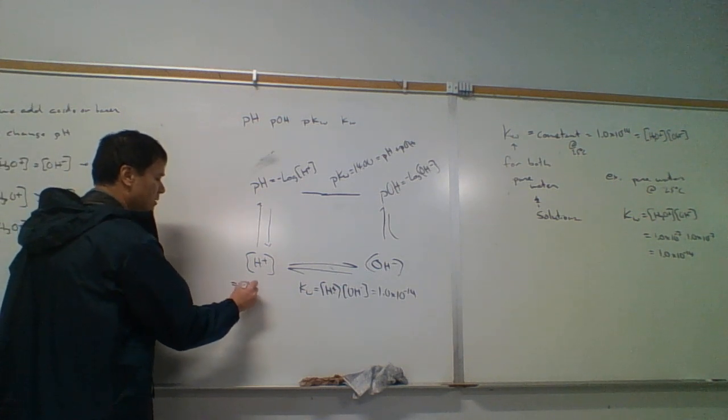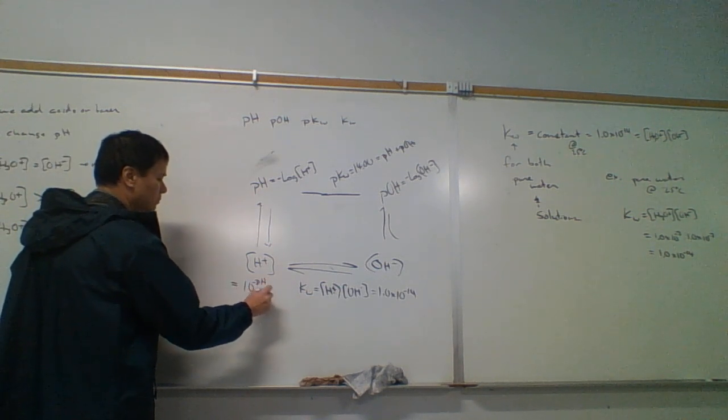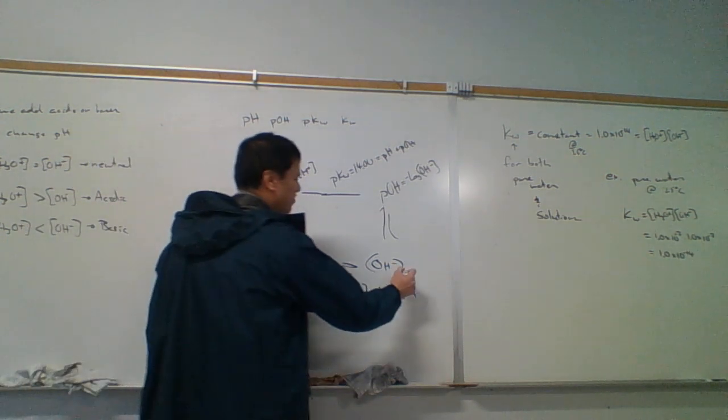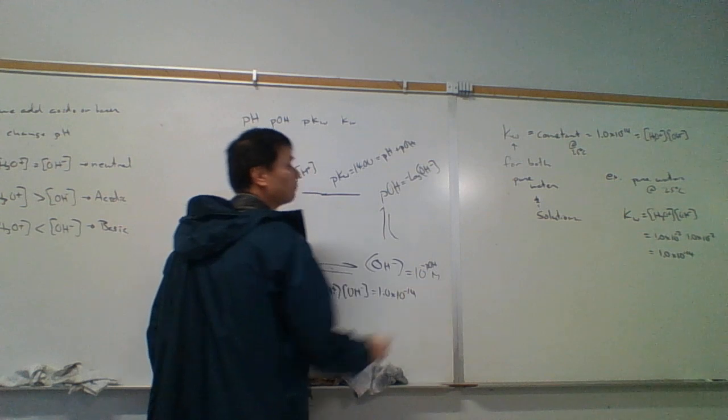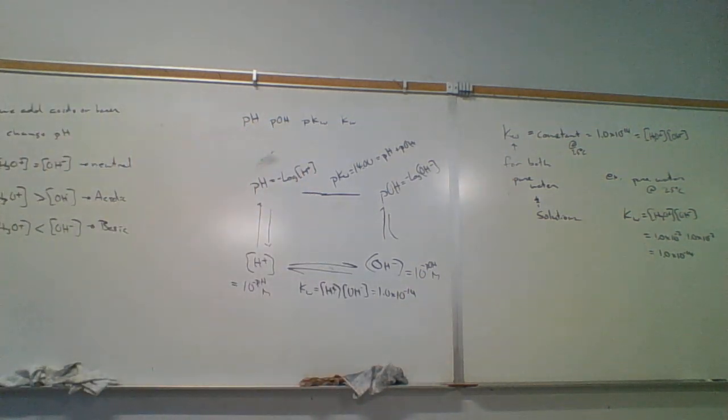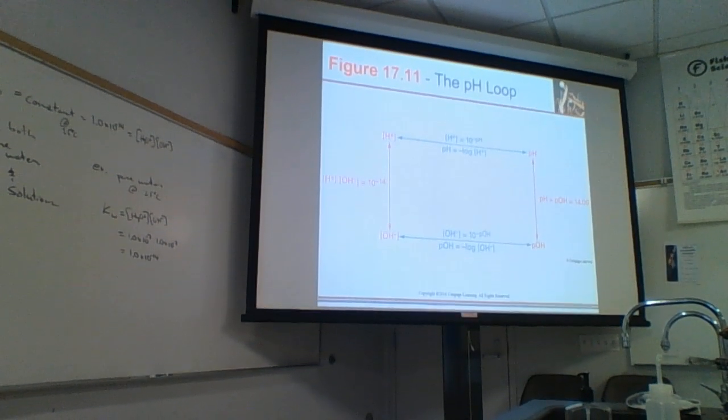The H plus is 10 to the minus pH molar, and the OH minus is 10 to the minus pOH molar, if we want to calculate it that way. And so this is the pH loop here.